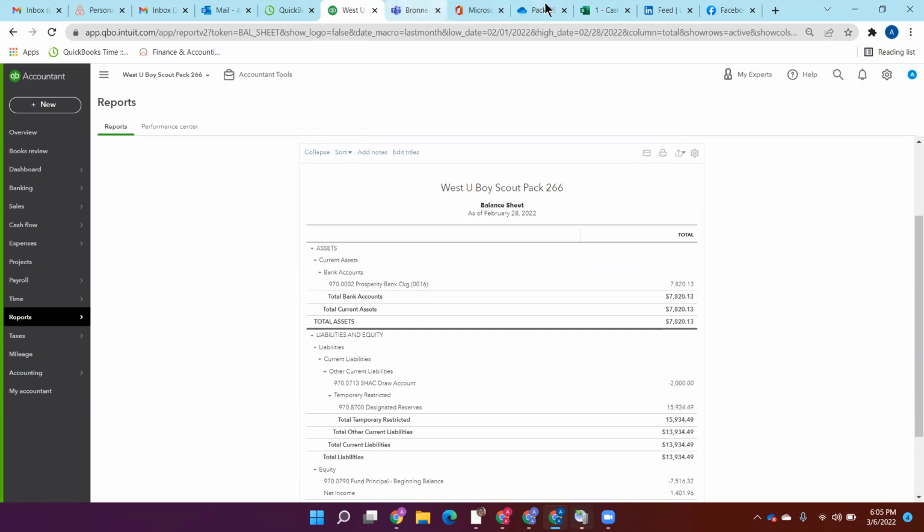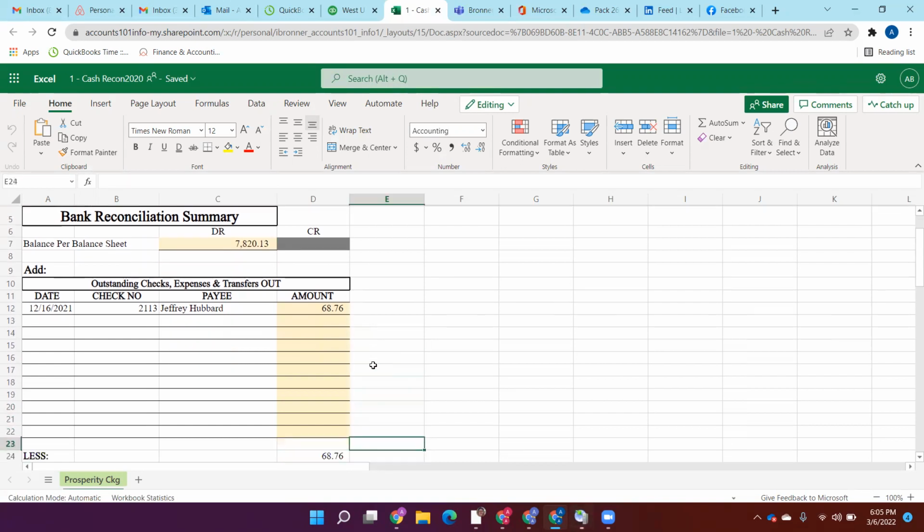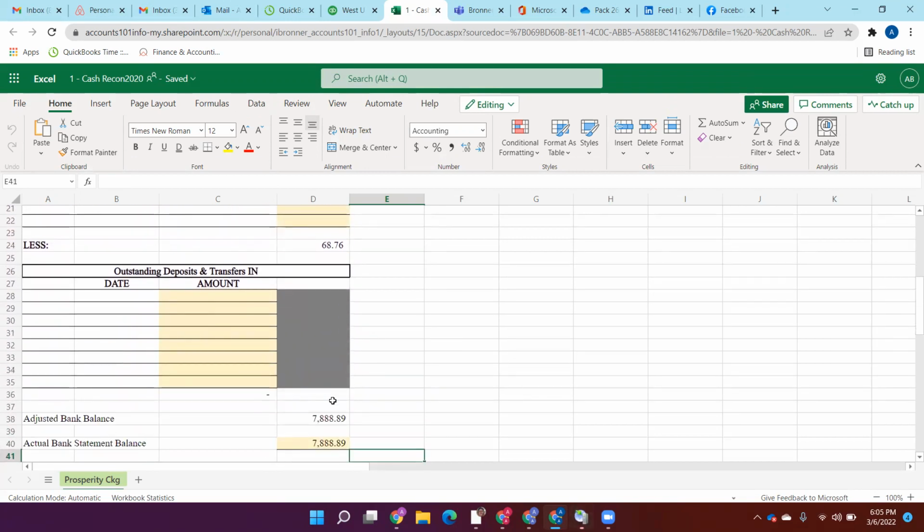So I enter, let's move these closer, I guess. So that was the balance per the balance sheet. Yep. And I'm supposed to tie to this number.